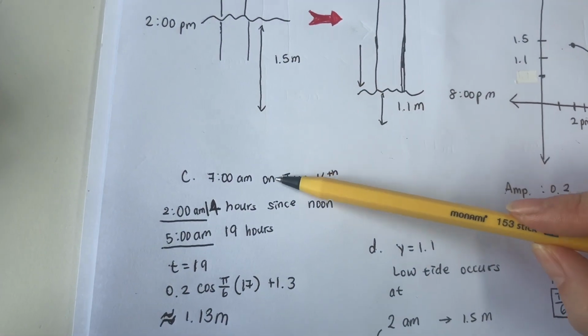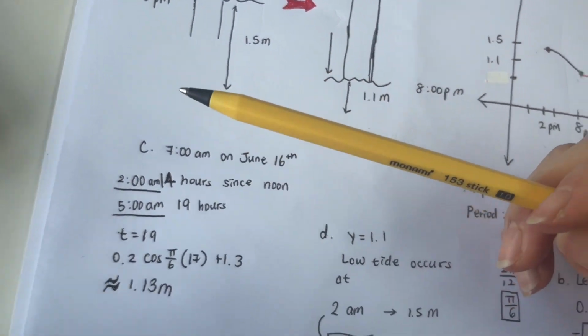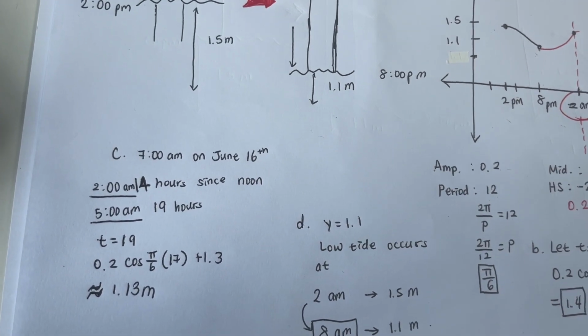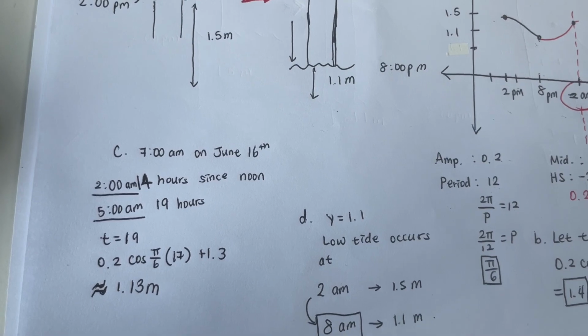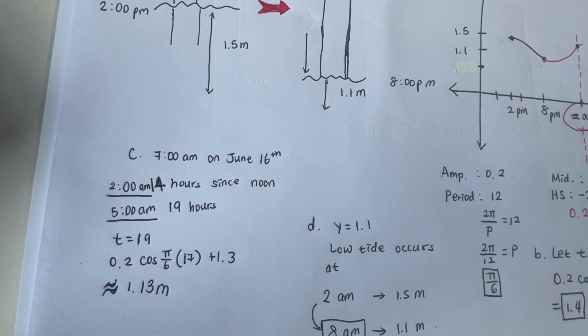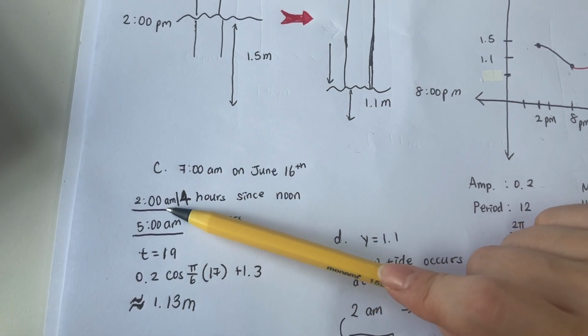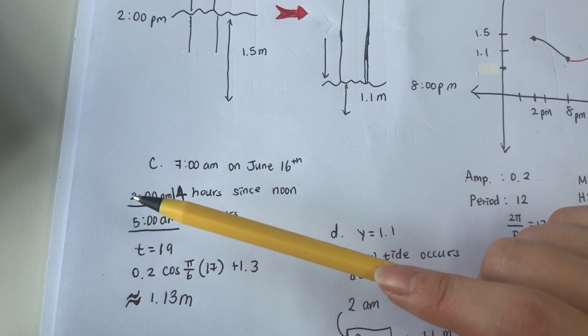And then for C, what we have to do is take a look at how many hours passed since noon all the way up to 7 a.m. on June 16th.